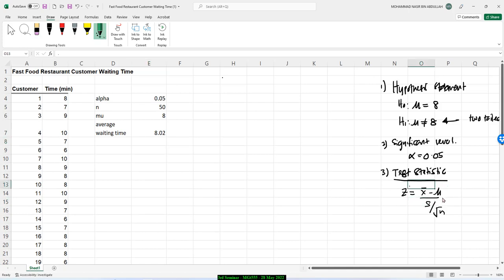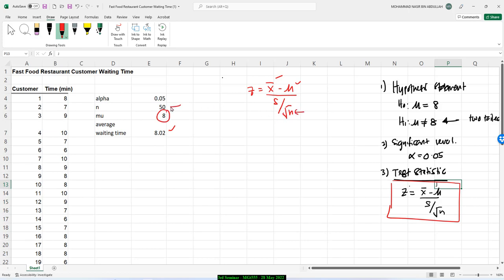Z equal to X bar minus mu divided by S over square root of N. So we already obtained X bar, which is this one. Mu we already obtained, which is this one. And N we already know, which is 50. And we need to calculate S, the standard deviation of waiting time.